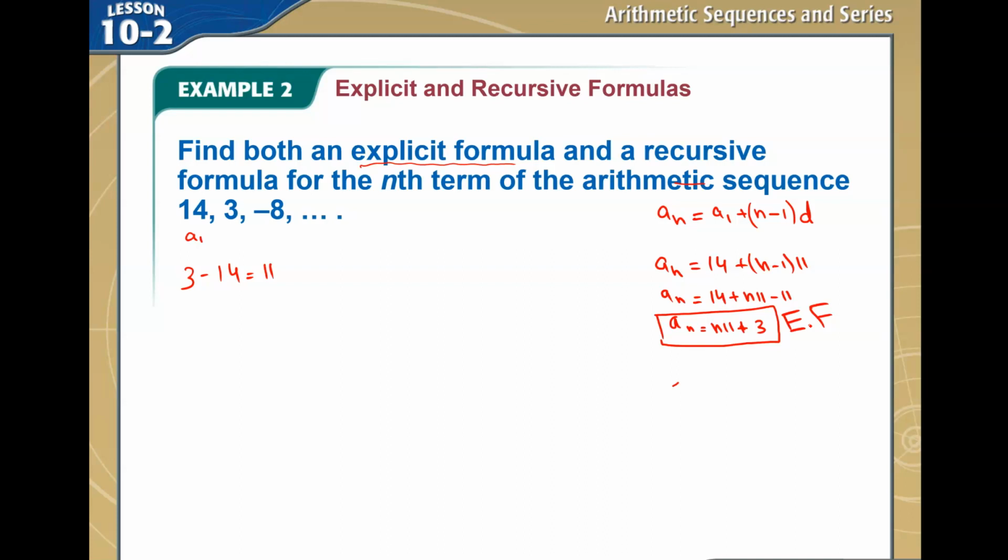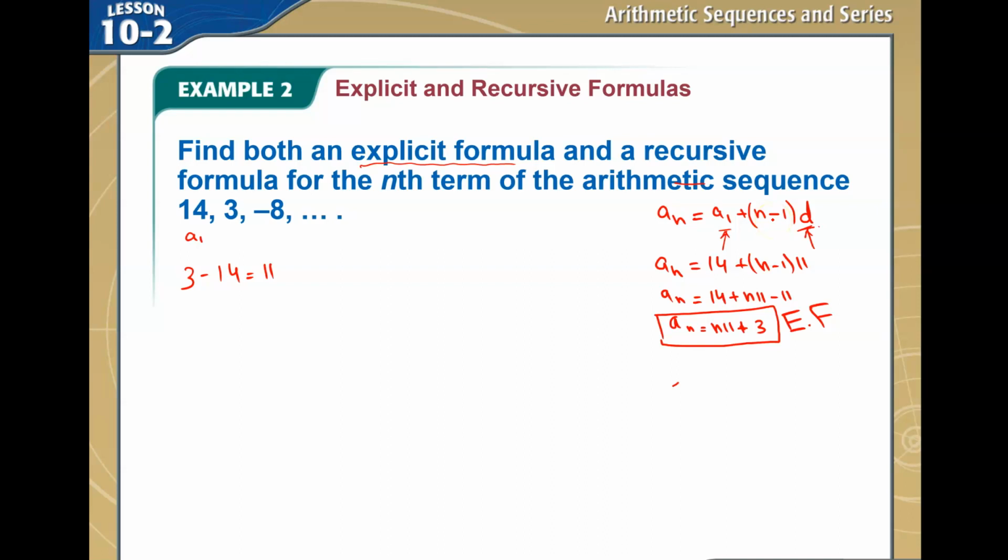Clear? So to find the explicit formula, you find D and you find An, which will always be given.